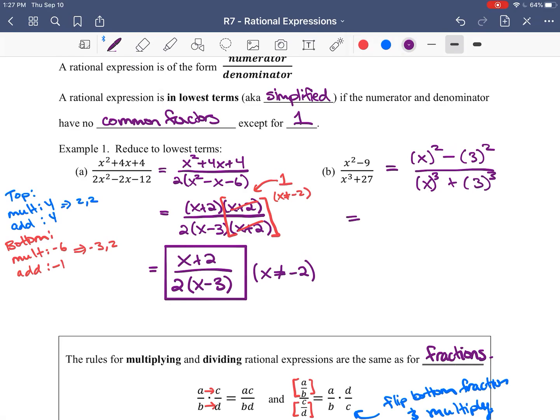If we remember those formulas from the factoring section, the top is going to factor as x plus 3 times x minus 3, and the bottom is going to factor as x plus 3 times x squared plus 3x plus 3 squared, which is 9.